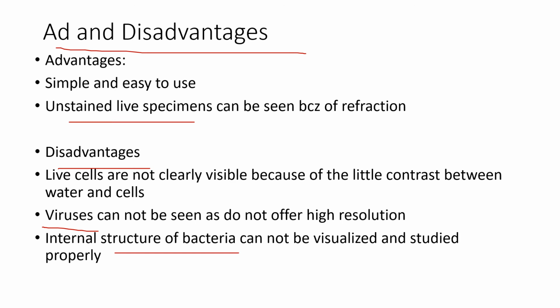So bright field and internal structure are just completely opposite. You cannot use bright field to demarcate any kind of internal structure. It'll just help you get the shape, like when we said it was irregularly shaped or triangular cone shaped, so you can make out some kinds of shapes. Otherwise, internal structure, viruses, and live cells are just not possible with the bright field microscope.